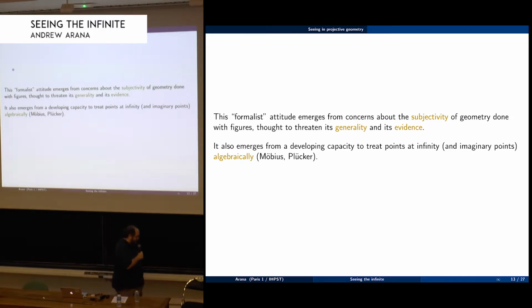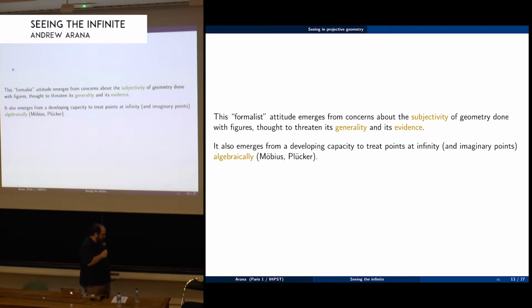Similarly, the evidence of figures was thought by some to be questionable. But also, I think, another strand here was that in thinking about geometry in particular, there became, among mathematicians like Möbius and Plücker, an increased ability to work algebraically with geometry. So, of course, we have analytic geometry in the style of Descartes. This only gets you so far.